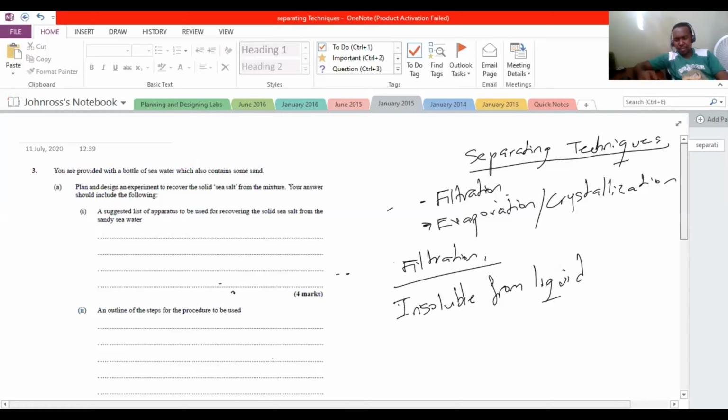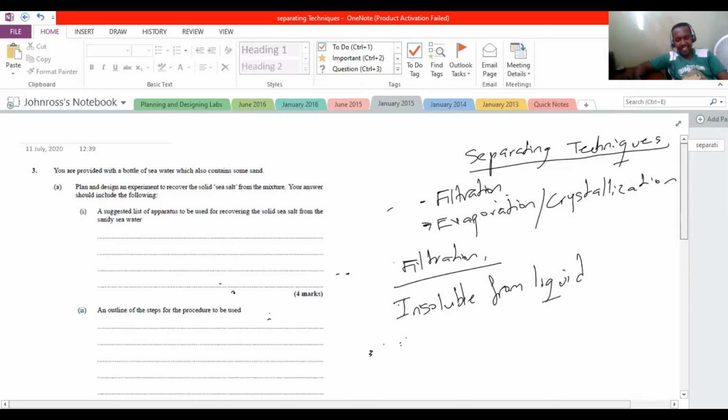So what else do we know about filtration though? Nothing else that we remember? What else is there to know? All right, so when you filter something, which part goes through, which part remains?